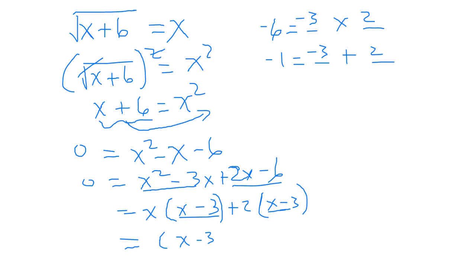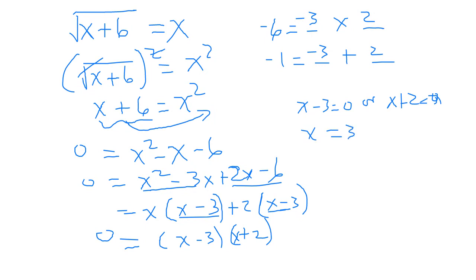So x minus 3, x plus 2 equals 0. x minus 3 equals 0, or x plus 2 equals 0. So x equals 3, or x equals negative 2. That's it. Okay.